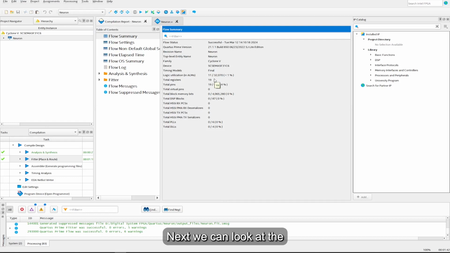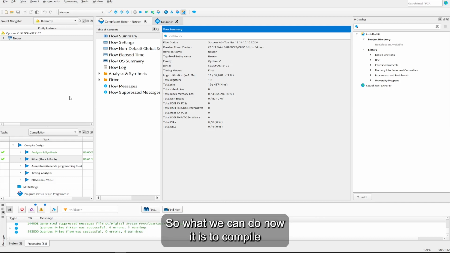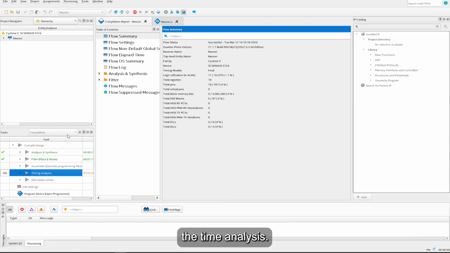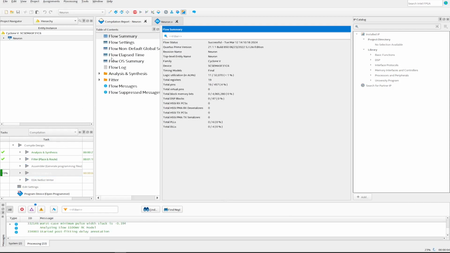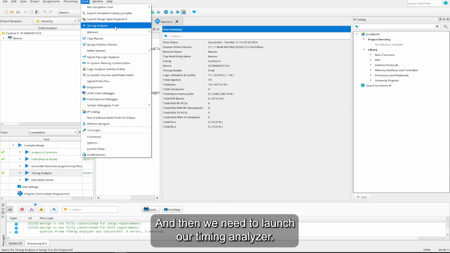Next we can look at the maximum frequency and the longest delay that it has through those flip-flops. So what we can do now is to compile the timing analyzer, and then we need to launch our timing analyzer.